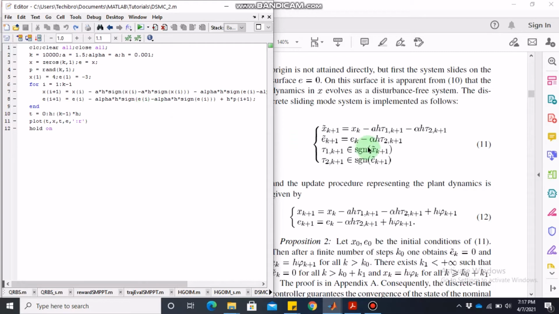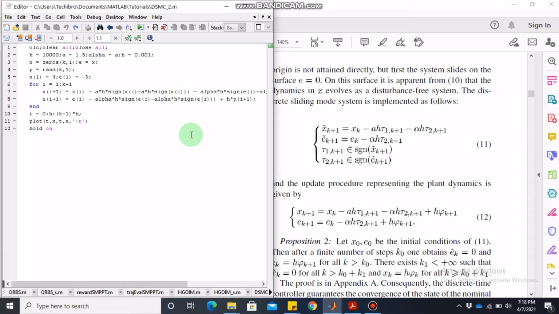All I have done is that instead of using tau 1 of k plus 1 as the sine of x tilde k plus 1, because it is inside the equation of x tilde already, I have used sine of x of k. So this is sine of x of k, and this whole thing is equivalent to x tilde.